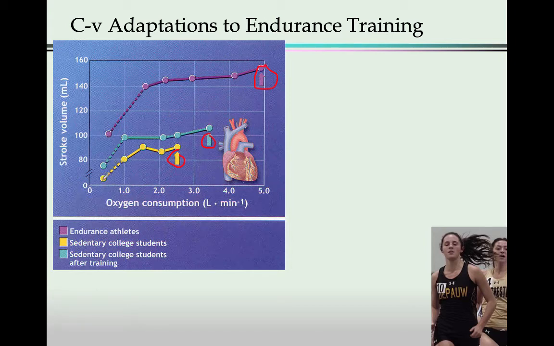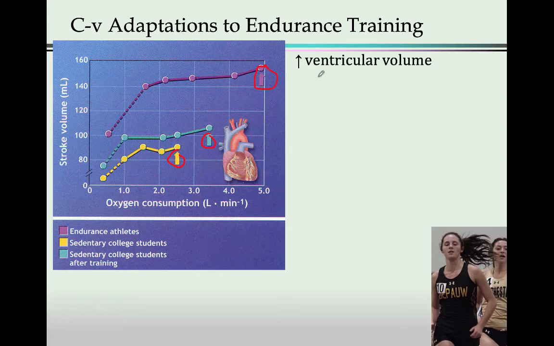So you see stroke volume is going up from somewhere around 60 to 100. It's going up, in this case, about 100 for maximum. I guess it creeps up to about 105 over here. But look at these endurance athletes. They're actually over 140, over 150. So they can get up there pretty high.